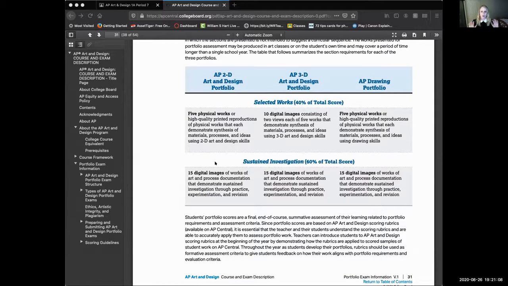60% of their score is going to be 15 images based on documentation that shows that they understand investigation through practice, experimentation, and revision. Starting second semester, they're still going to be doing projects that I've given them, but they're going to focus on their concentration, the topic that they would like to explore, revise, and practice based on their interest in photography.